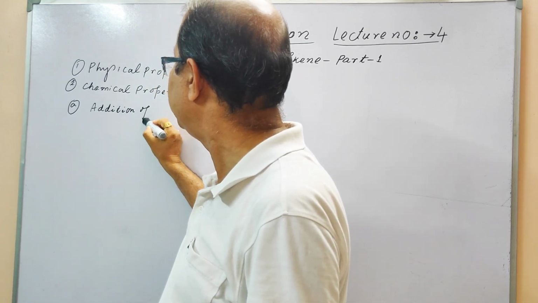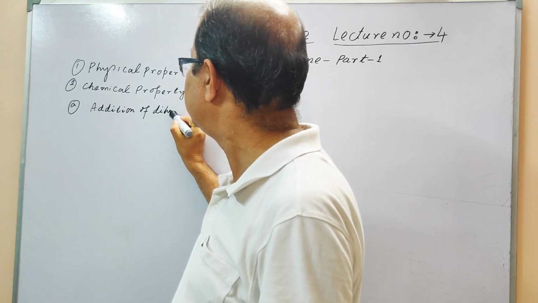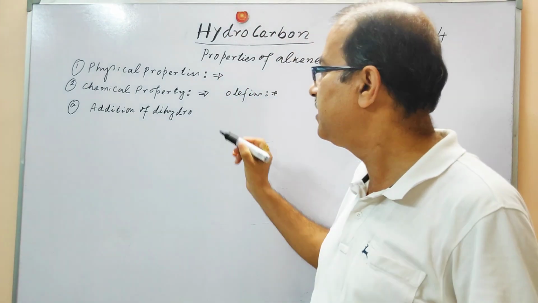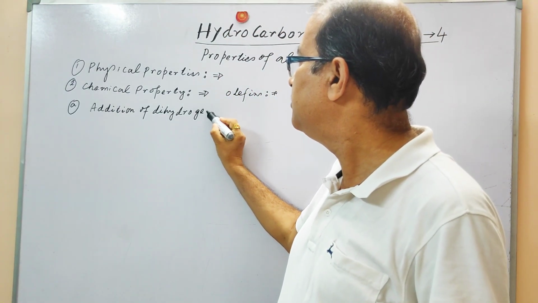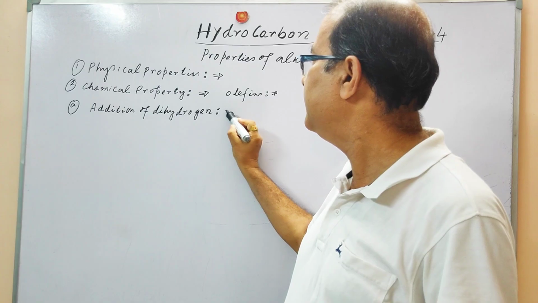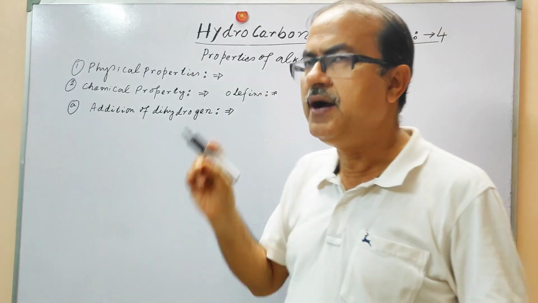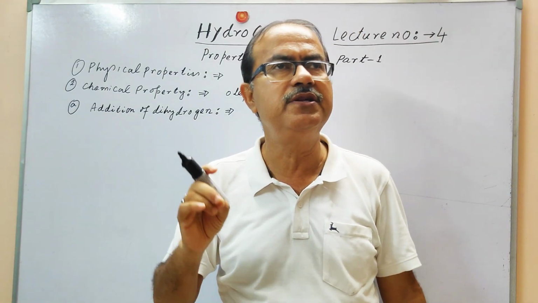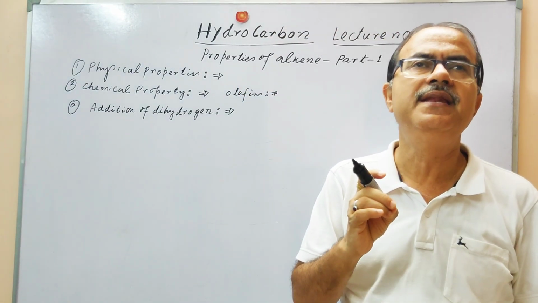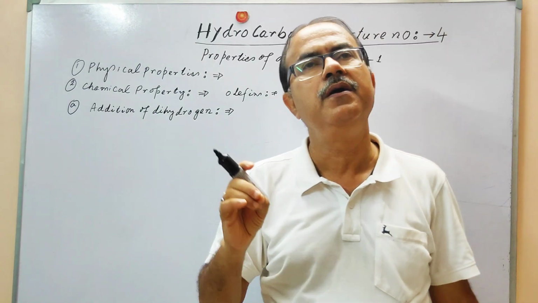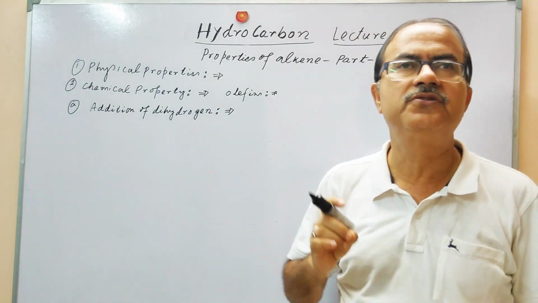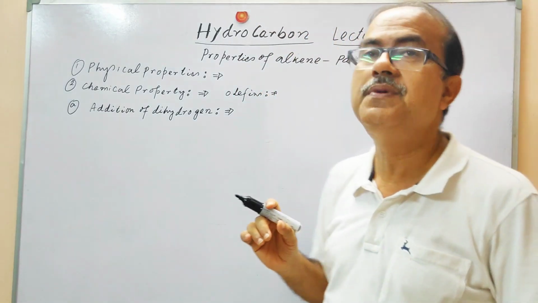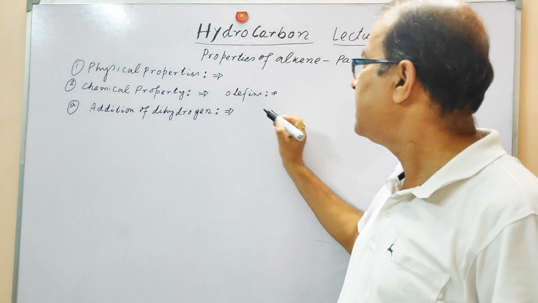Addition of dihydrogen, we will not discuss elaborately, because we have already discussed it during the preparation of the alkane. When dihydrogen is added to the alkene in the presence of a catalyst, that is a nickel, platinum or palladium catalyst, it is going to form the alkane.